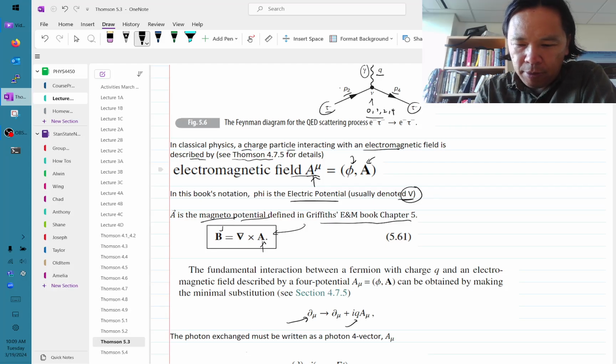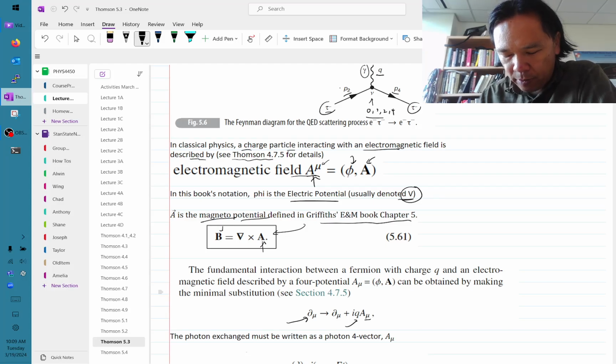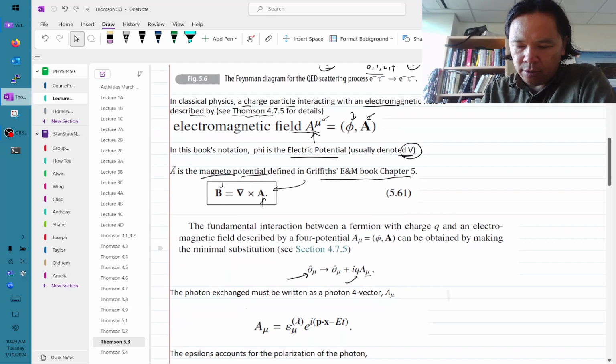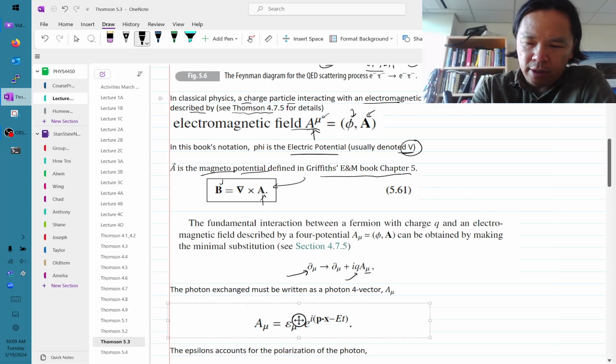Up here it was defined as the contravariant, where we can just lower the index into the covariant, where we're basically switching the sign of the A.